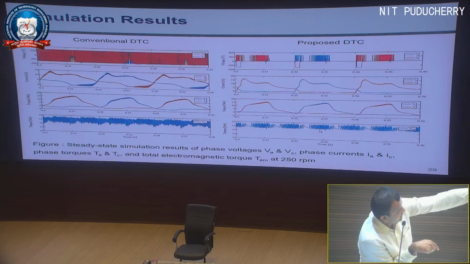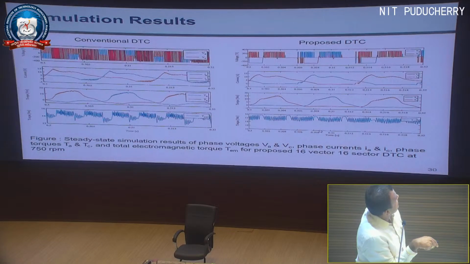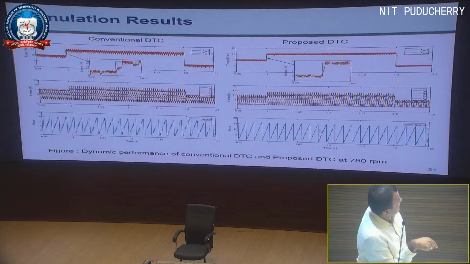If you take the average torque, then this is better compared to this one. Then these are the phase voltages VA and VC, phase currents, and torque per phase for 750 rpm. That was the maximum; we could not achieve more after that.